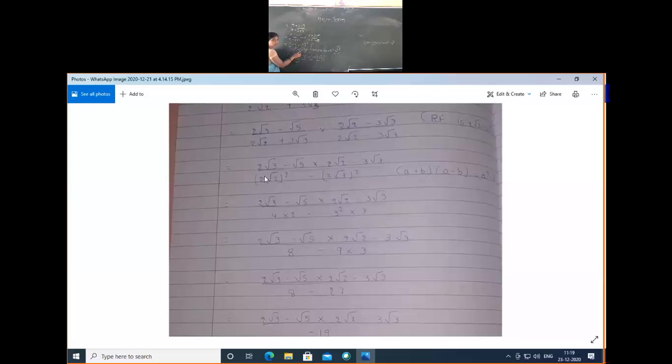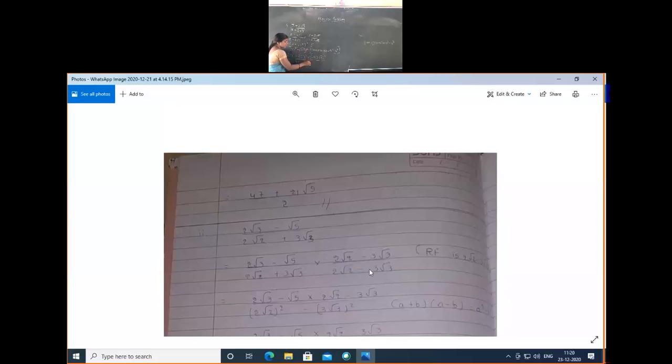Here you have to be very careful. Listen properly. The square applies to 3 separately and root 5 separately. First apply square to 3: 3 square is 9, into the square of root 5, where the square and root cancel, so 9 into 5. Got the idea?